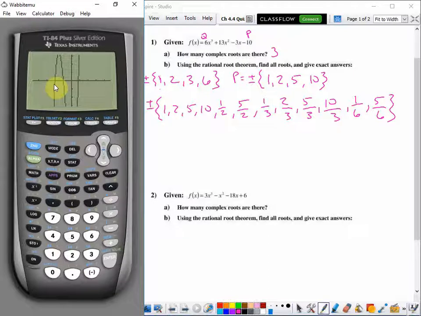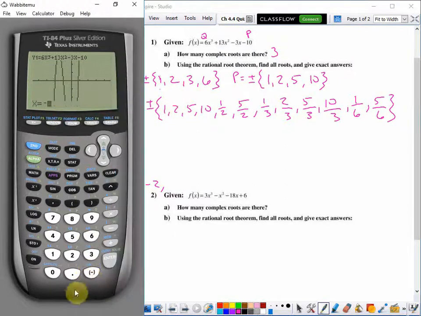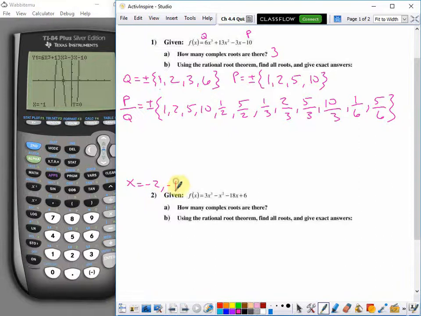This one right here looks like -2, so I'm going to trace -2 and see if that's correct. And it is. -2 gives me an output of 0. Okay, so x equals -2. This one here looks like -1, and that's an option. So I'll trace -1, and that gives me an output of 0. And this one here is a little less than 1.